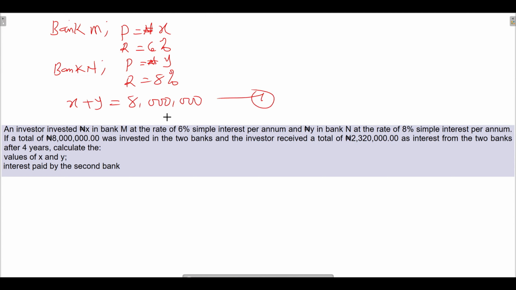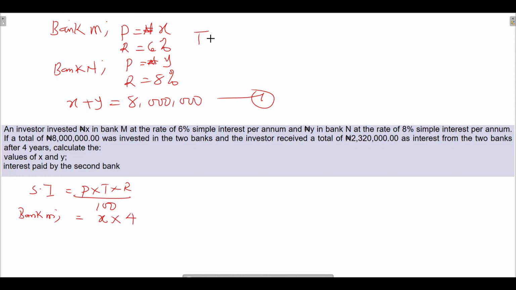An investor received a total of this as interest from the two banks after 4 years. Now that means the time for the two is 4 years. So what's the simple interest? The formula for simple interest is principal times time times rate over 100. Now for bank M, the principal there is X times time 4 years.